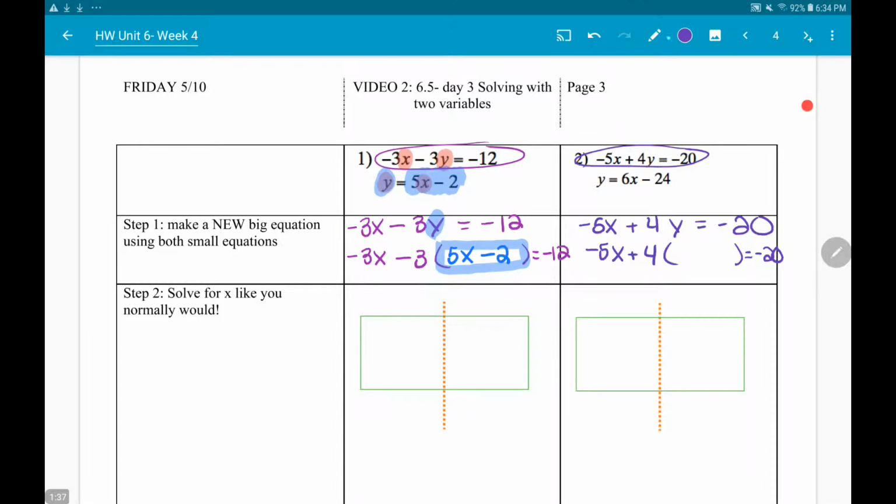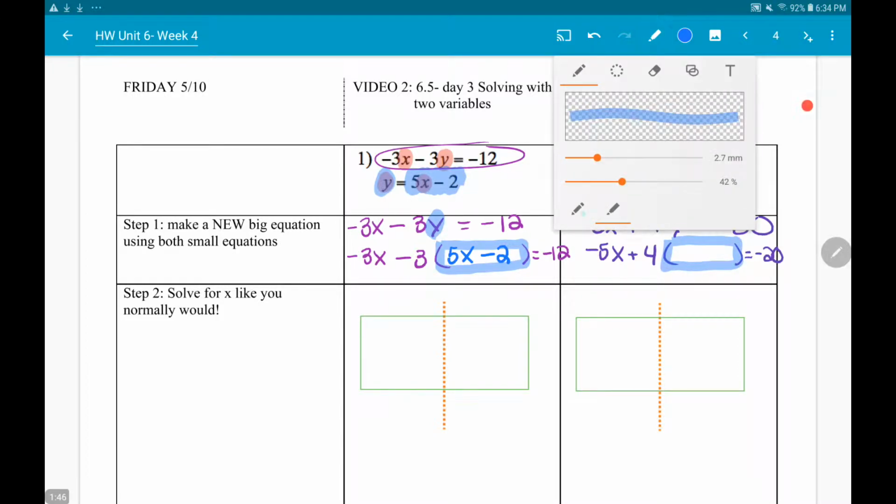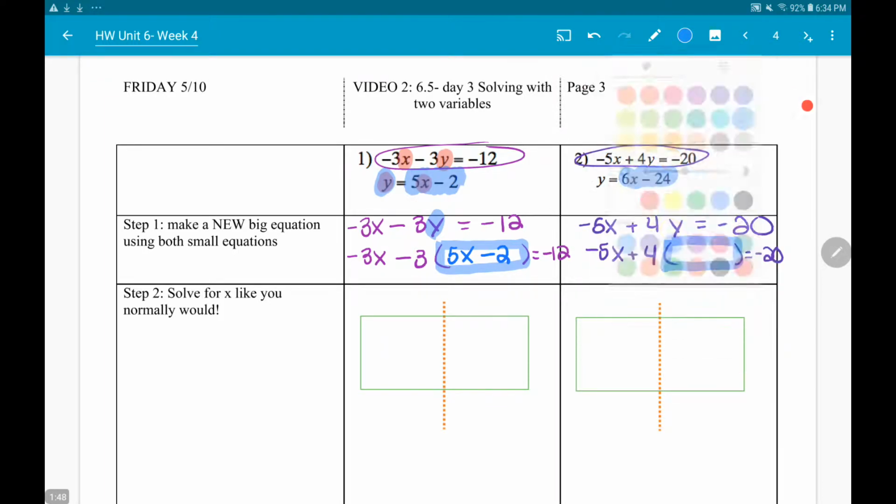Everything else stays the same. And in those parentheses, I'm going to put my second equation. All right, so now I have two new big equations with just x in it.